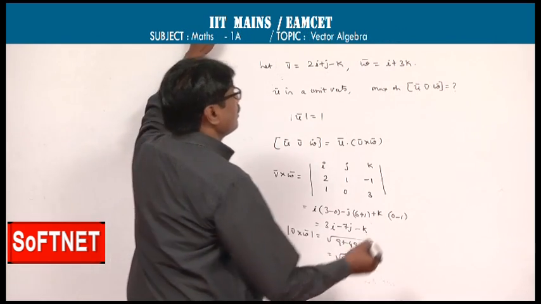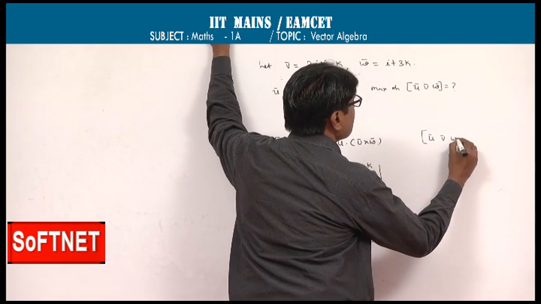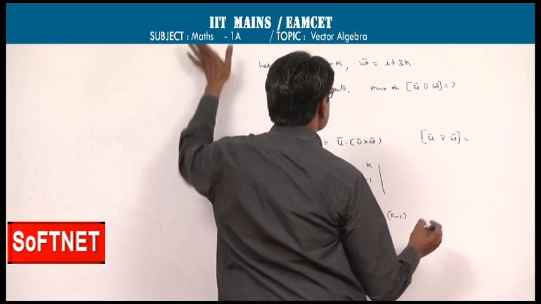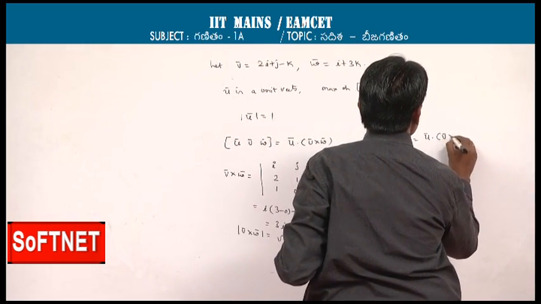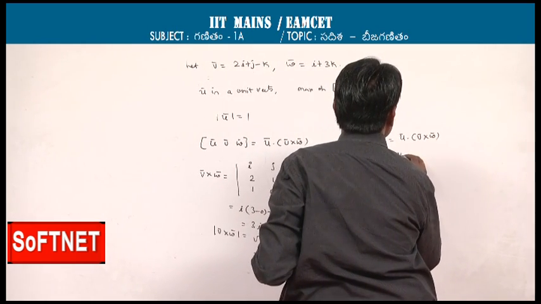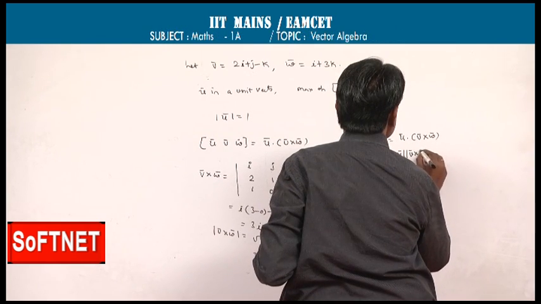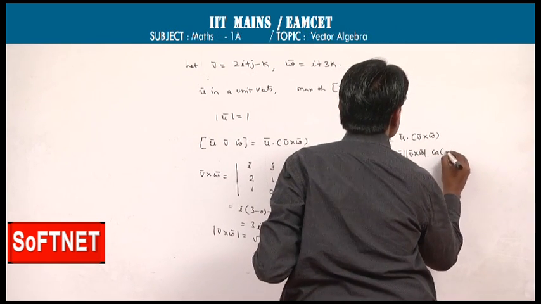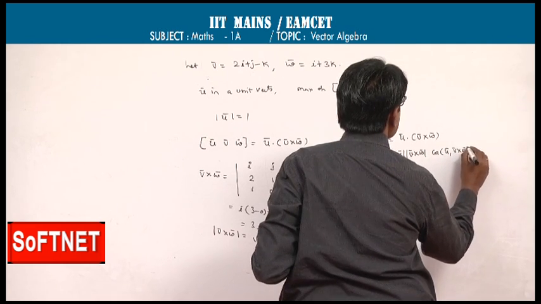Okay. Now we want to find box of U bar, V bar, W bar is equal to U bar dot V bar cross W bar, that is magnitude of U bar, magnitude of V bar cross W bar, and cos of angle between U bar and V bar cross W bar.